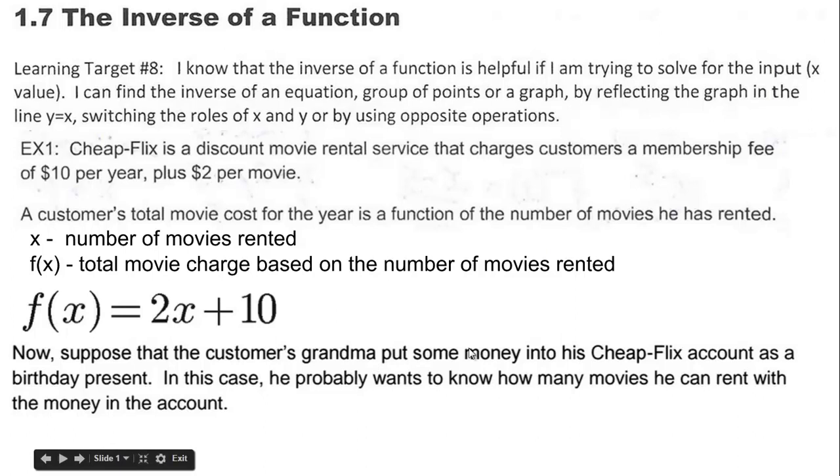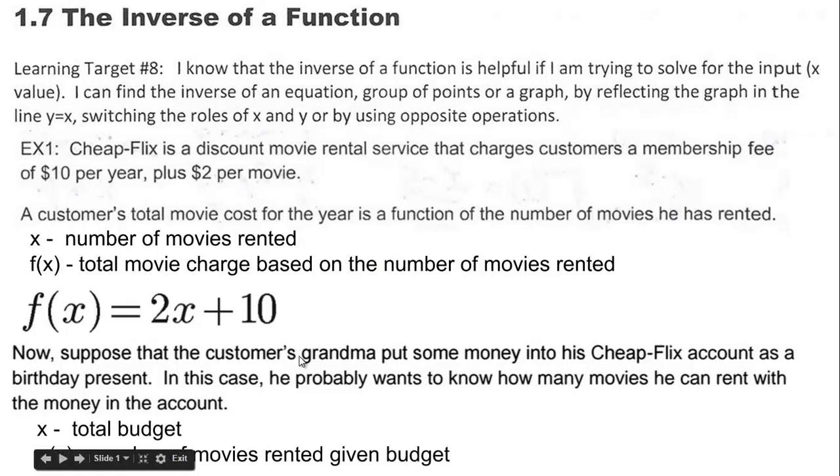Now if we say we actually know what budget we have, so the customer's grandma put money into the account, you want to find out how many movies you can rent based on that. So if you have a budget and you want to find out how much you can rent, in this case, we might sub something in for y and solve for x. So we can actually think of what the equation might be, and we'll talk about it.